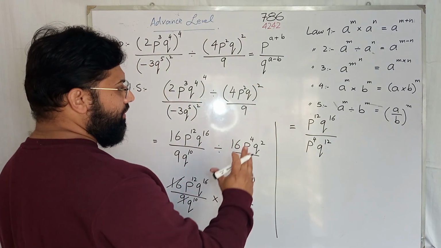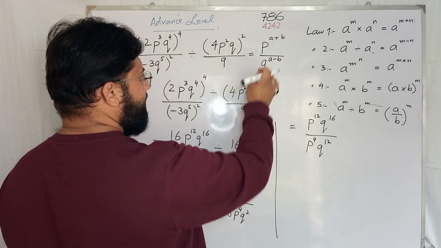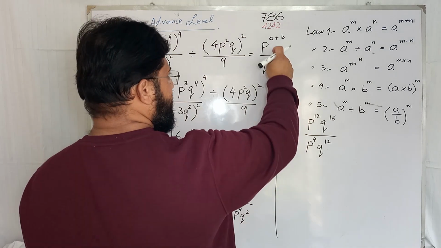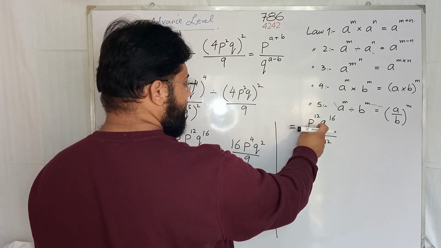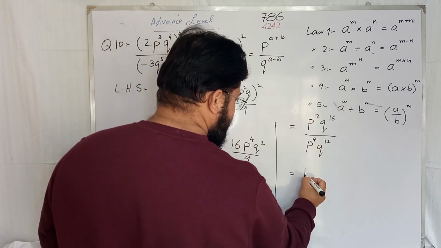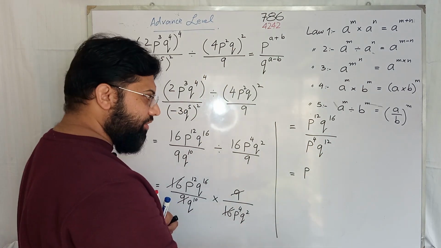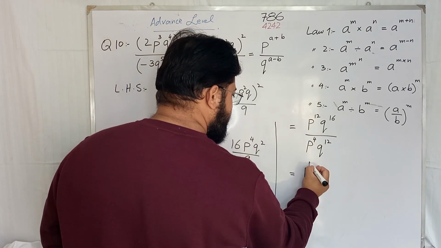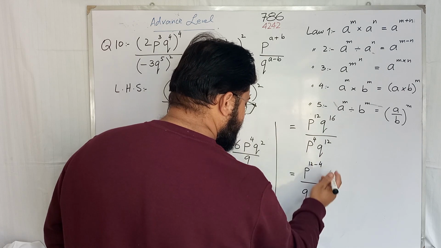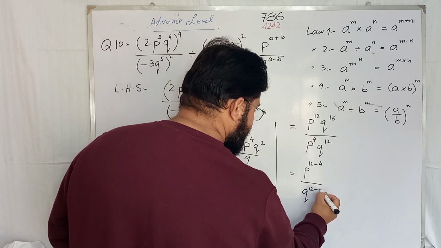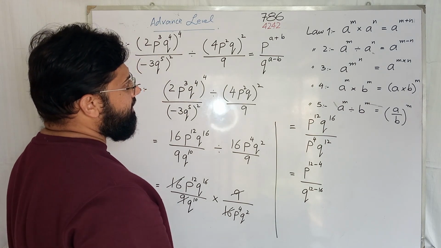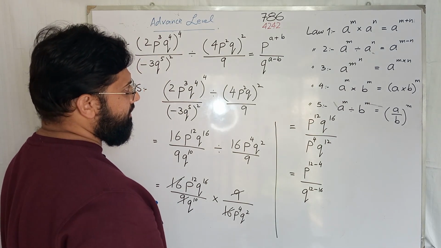We have to mold this equation in this format so that left and right hand must be equal. So over here it should be P in the numerator and this should be Q in the denominator. So I'll shift the values of P from denominator to the numerator here. 12 minus 4, and over here Q 12 minus 16, right?